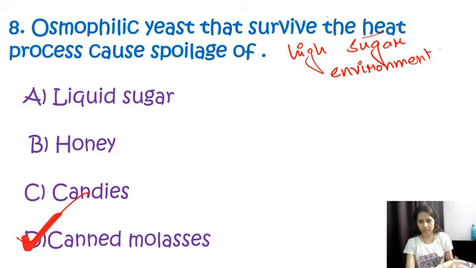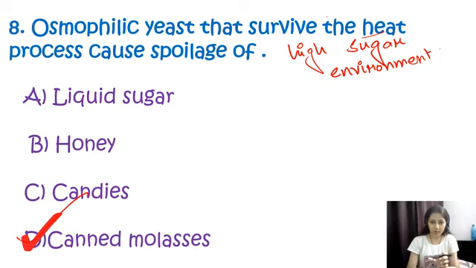and gradually they can spoil the products. Now we cannot say that liquid sugar, honey or candies are not affected or spoiled by osmophilic yeasts. Rather, these items are less likely to be heat processed in the same way as the canned molasses.